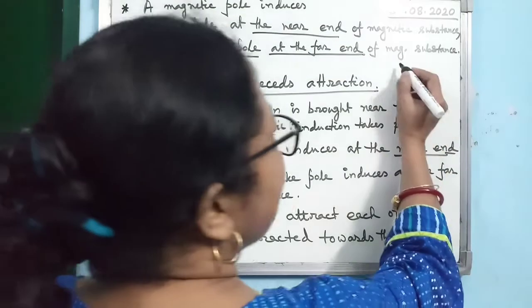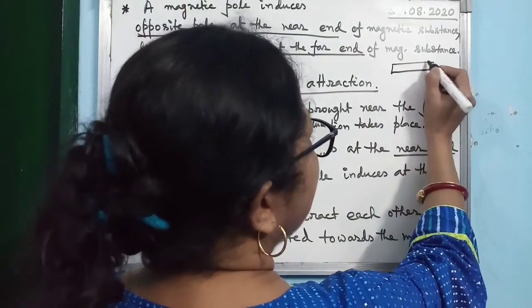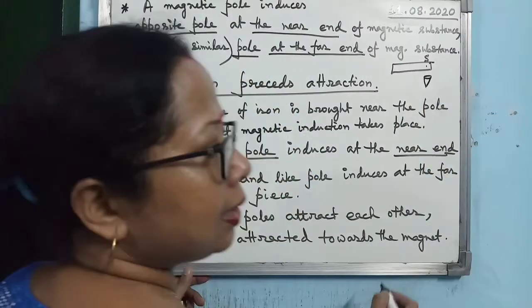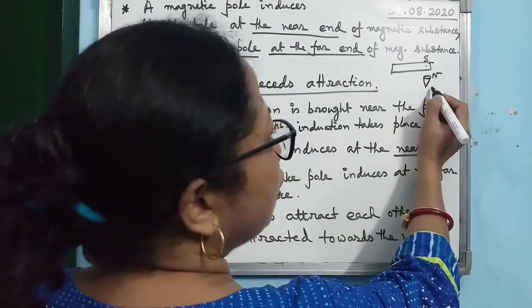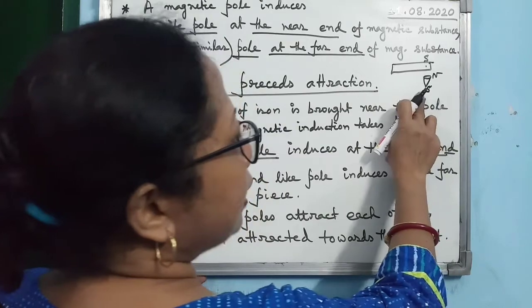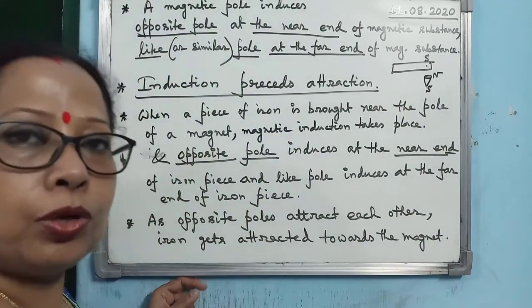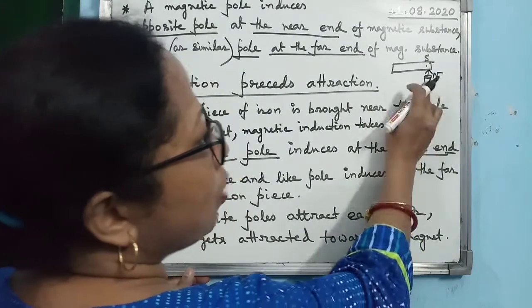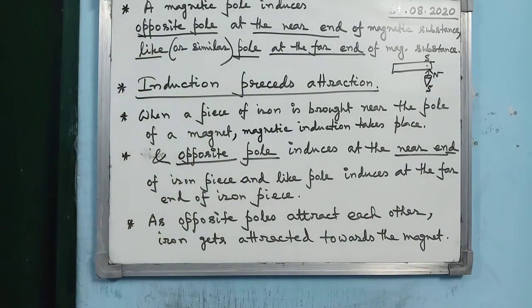Again, I am just showing it by a diagram. Suppose this is the south pole, you have brought one iron nail near it, then here a north pole will be developed and at this end a south pole will develop. So you see this north and south attracting each other, so the iron gets attracted towards the magnet.